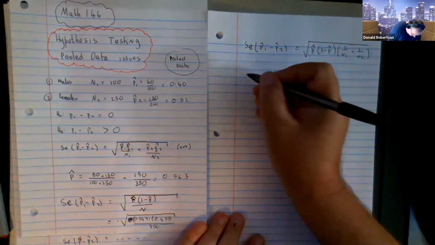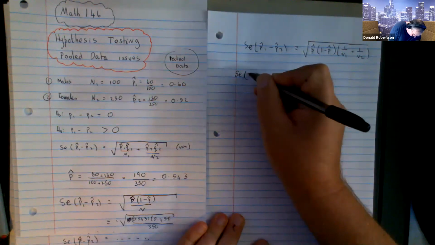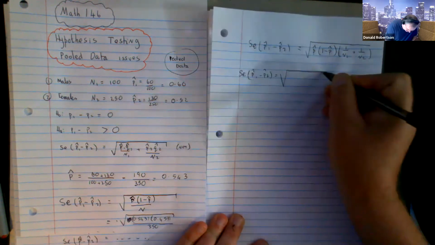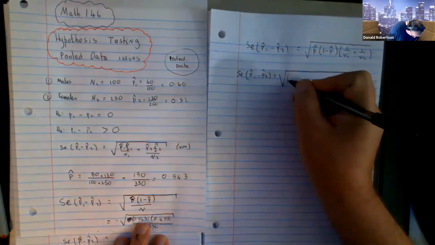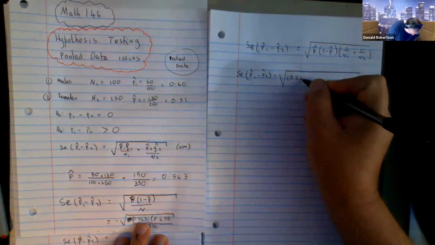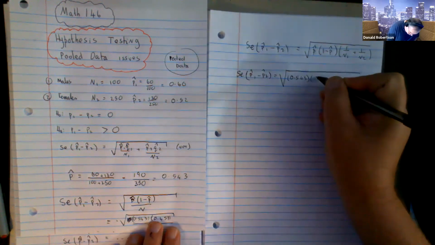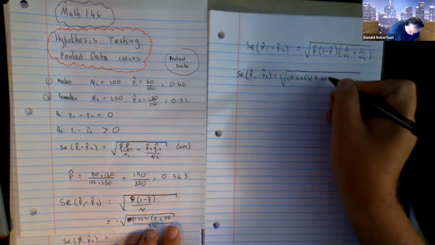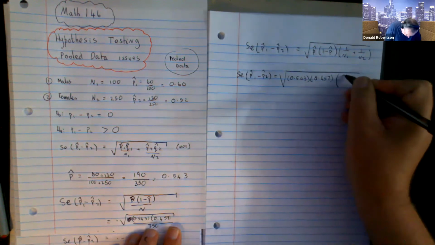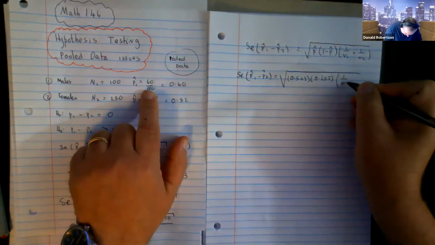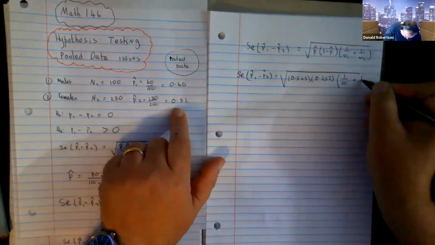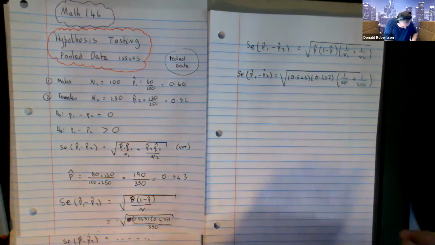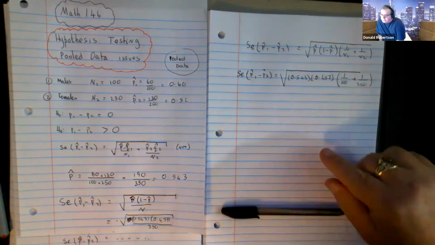So in the question I've just set up here, you're going to have the square root of p hat, which is 0.543, q hat, which is being called this right now, 0.457, times 1 over 100 plus 1 over 250. And that is replacing the over 350 guy.